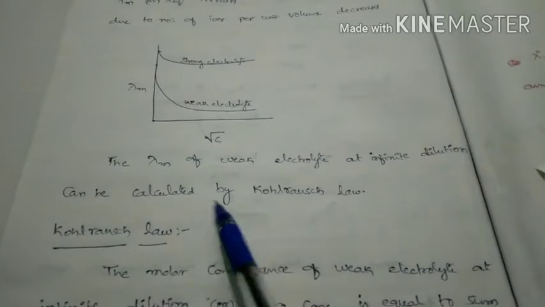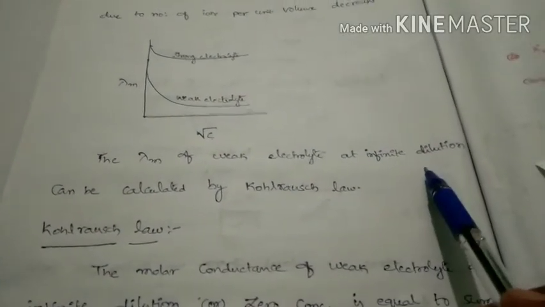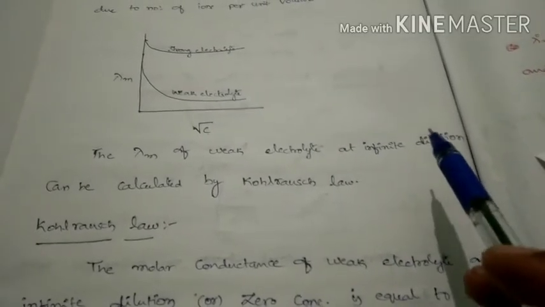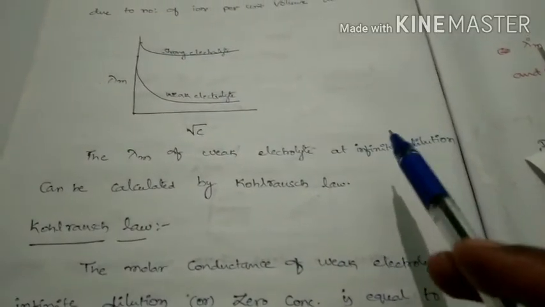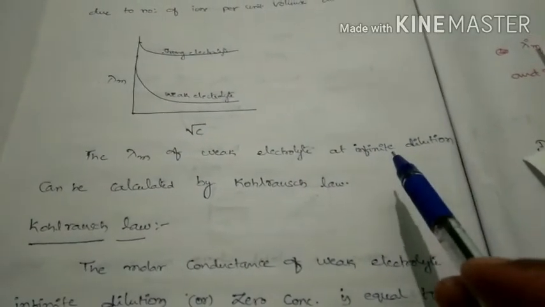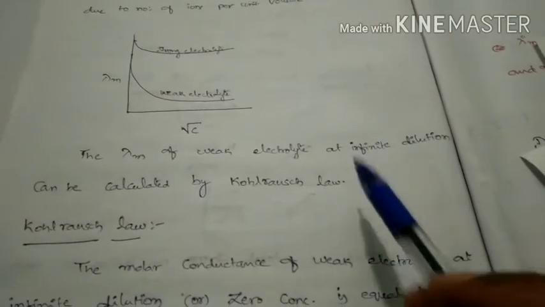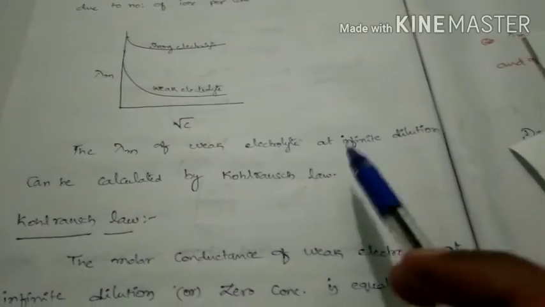Next, one more point is there. Dilution means addition of water. Infinite dilution means we add water a number of times. If we add water, concentration decreases automatically. If you add water many more times, at one stage you get zero concentration.